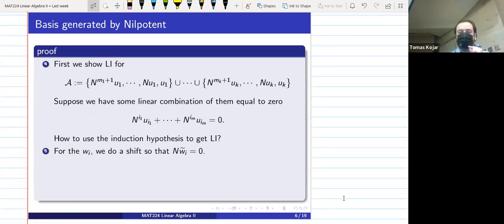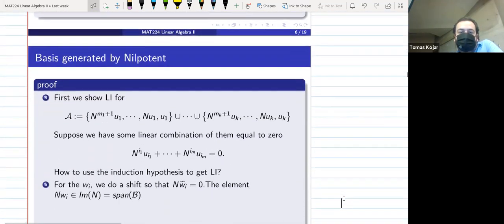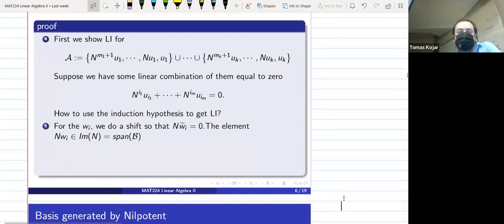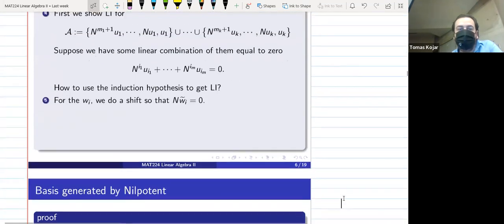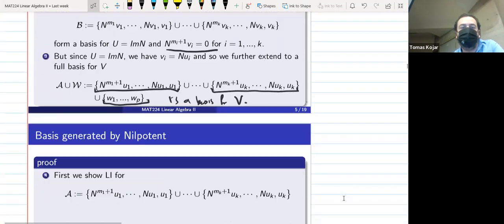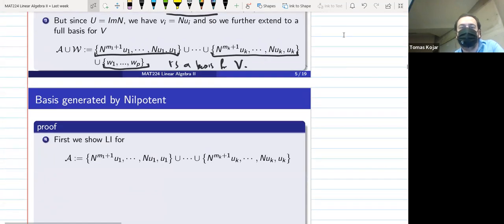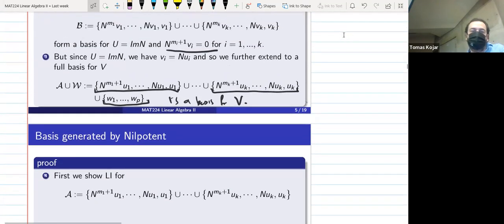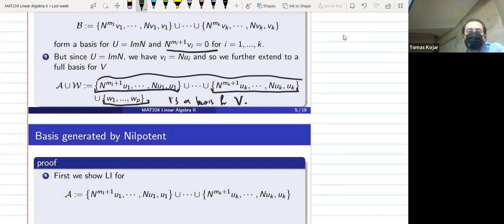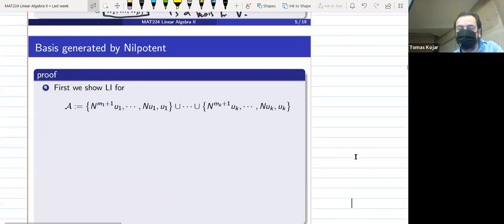So this is a trick. Again, we want to show that the full thing is a basis. We got the l_i for the first ones.